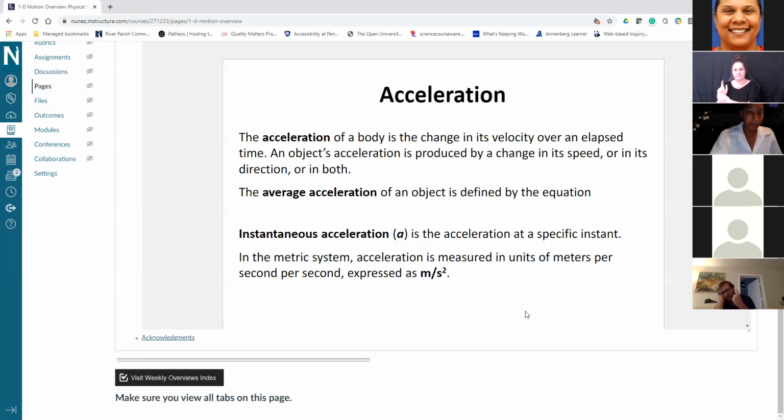Acceleration. So we're kind of moving into these properties now, and I will say this to you. Acceleration is one of the most butchered properties in all of physical science. When students are being introduced to these properties, acceleration sometimes is very difficult to comprehend.